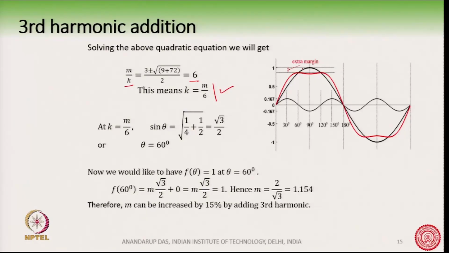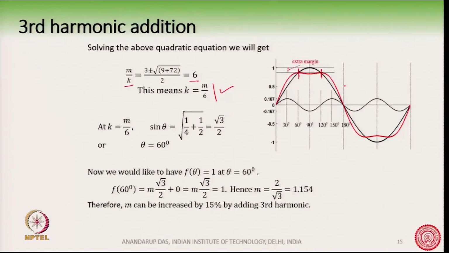This means that this maximum will happen at theta equal to 60 degree, as you can see in this curve, and also at theta equal to 120 degree, that is here, we see that the resultant waveform is actually maximizing.